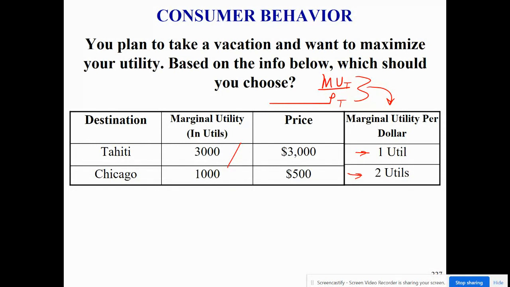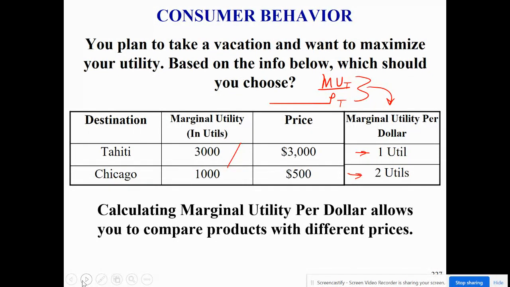We're going to take the one that gives us the greatest amount of satisfaction per dollar. So in this example, we would go to Chicago. Calculating the marginal utility per dollar allows you to compare products of different prices. How much utility do you get per dollar?